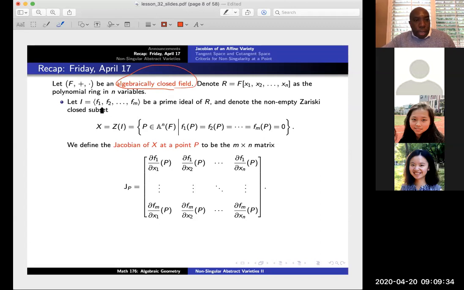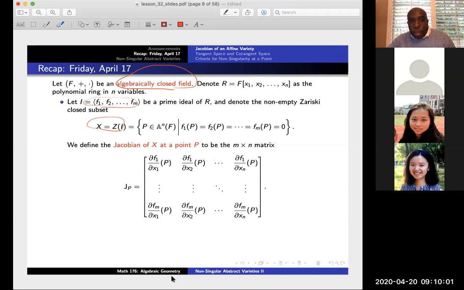Now let's say that we have a prime ideal sitting inside of our polynomial ring over n variables. And let's consider this subset I. So remember before, we defined this here as an affine variety, right? So as long as my I here is a prime ideal, then this non-empty closed subset is what we're calling an affine variety.